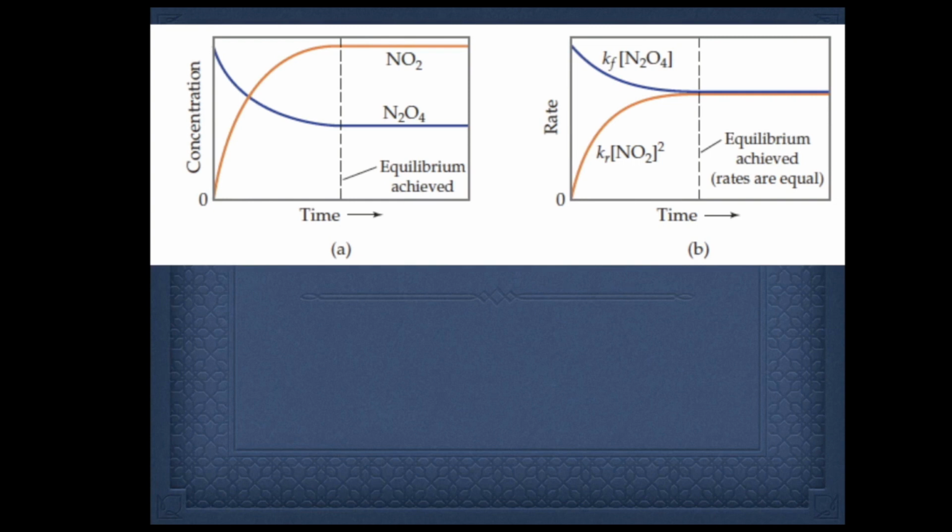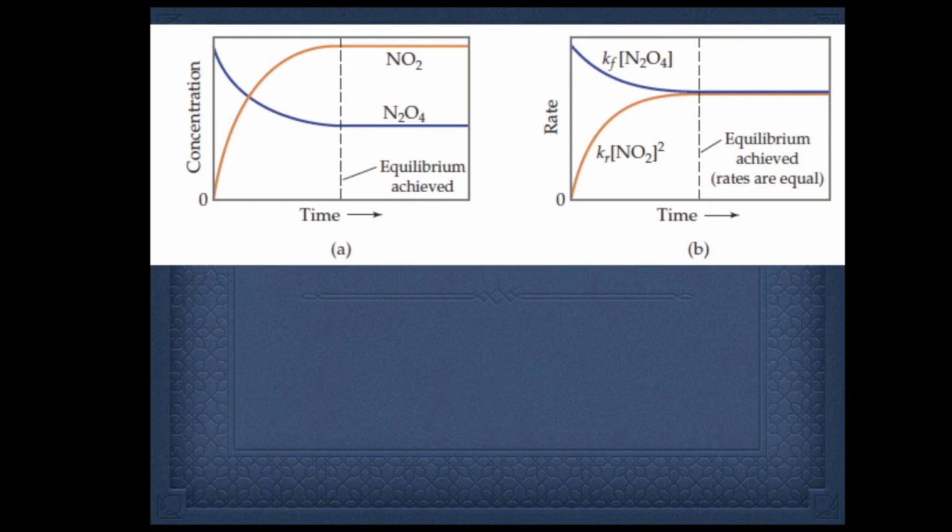Also quickly, just as a reminder, back to big idea 4, note what happens to the rate. So notice the rate of N2O4 decreases until it reaches equilibrium. So remember, it's decreasing because you're losing reactant, and therefore the rate is going to decrease since you're going to have fewer collisions.